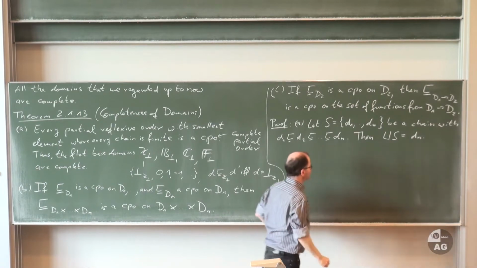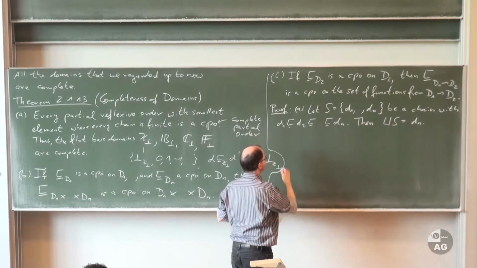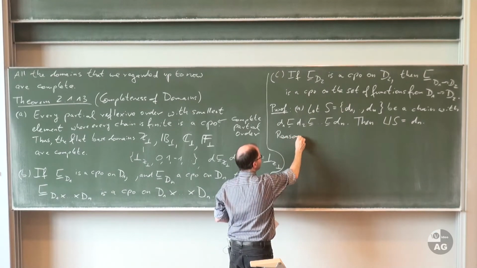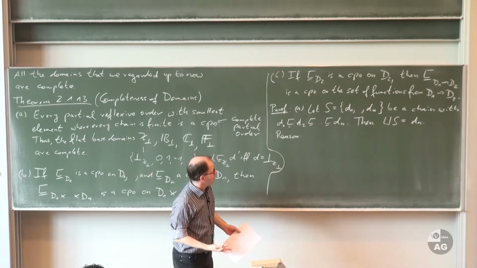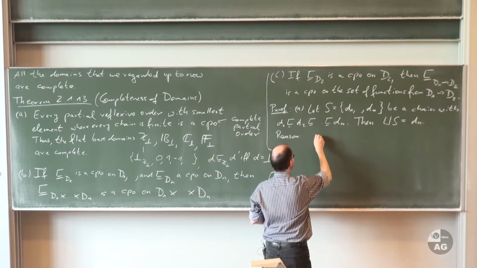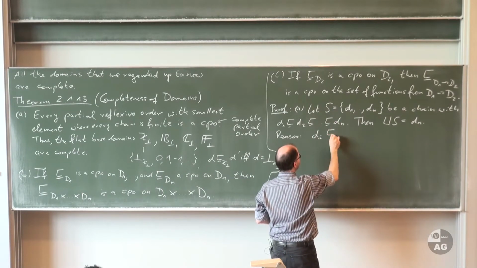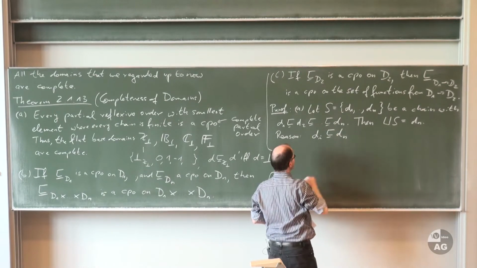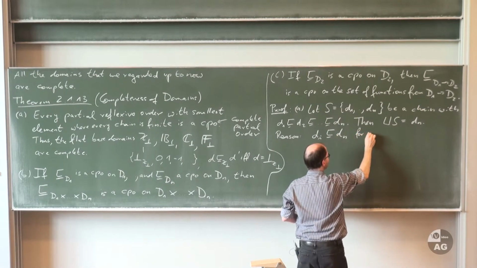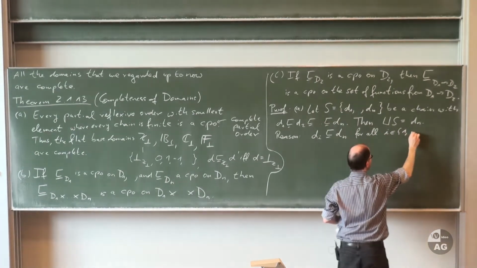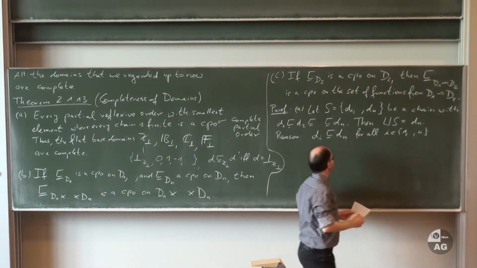Now, why is this true? So, in case you don't believe this, well, why is it an upper bound? Well, for every element in here, for every Di, I have that Dn is an upper bound of this. So for all i from 1 to n. Well, why is this true?